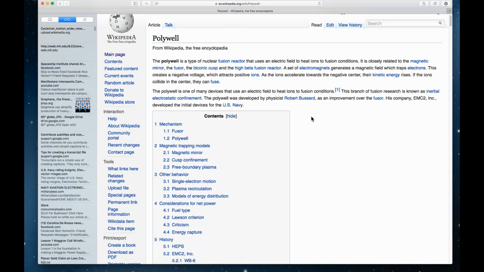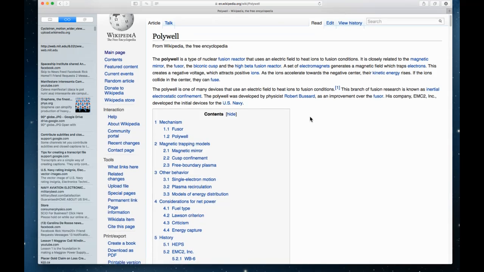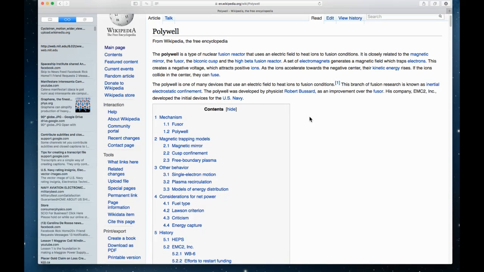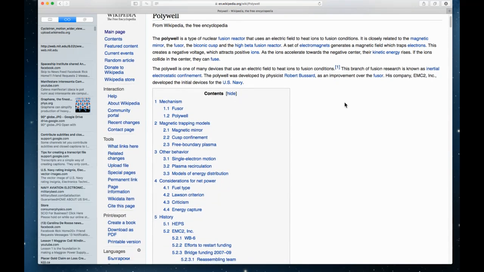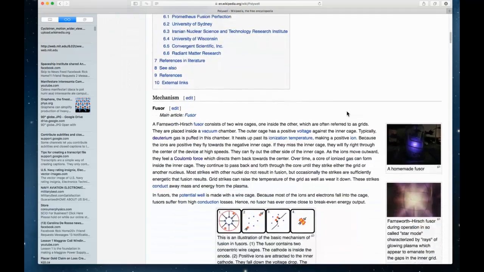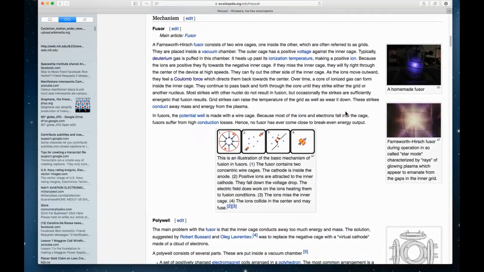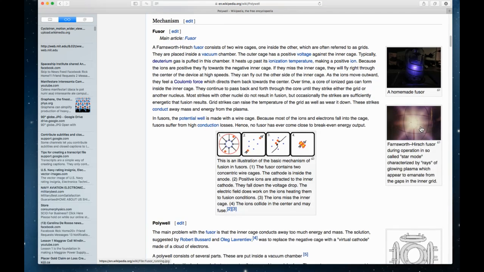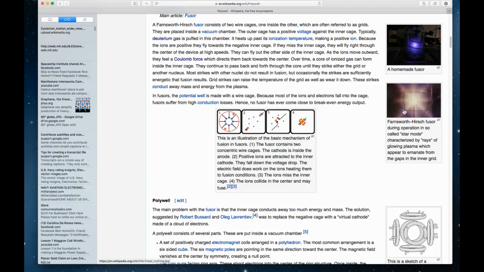Uses an electric field, okay? So basically they're trapping electrons which attract positive ions, and the ions accelerate toward the center and so on. It's a standard sort of procedure. And people make their homemade units, making little fusers that actually work with fusion. They don't give off more than they put in, but they're working on that.